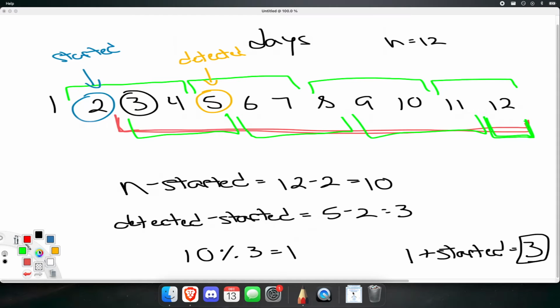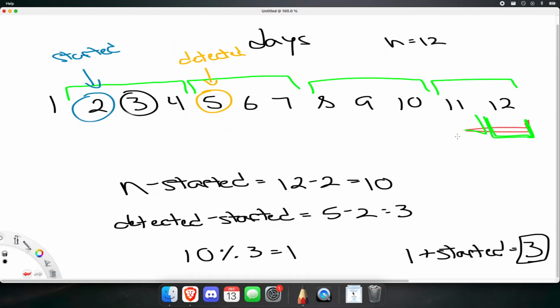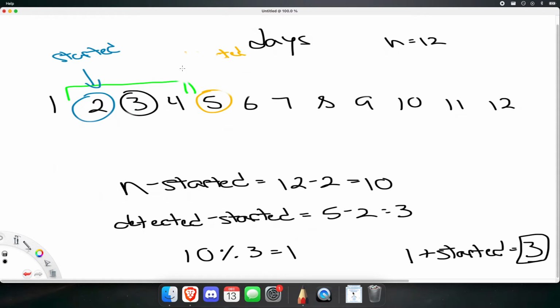And let's actually confirm that. First, I'm going to remove all these lines. I'll keep the circles, but I'll remove the arrows. Perfect. So we're predicting 3, where we detected it on the 5th, and it started on the 2nd.